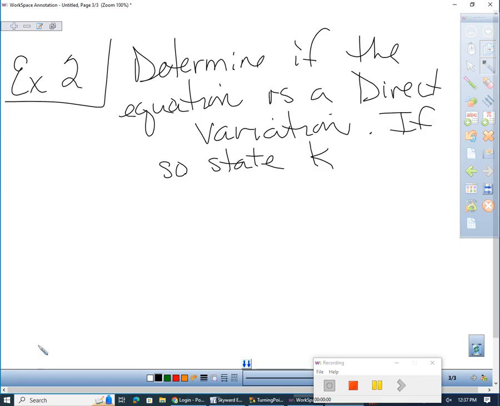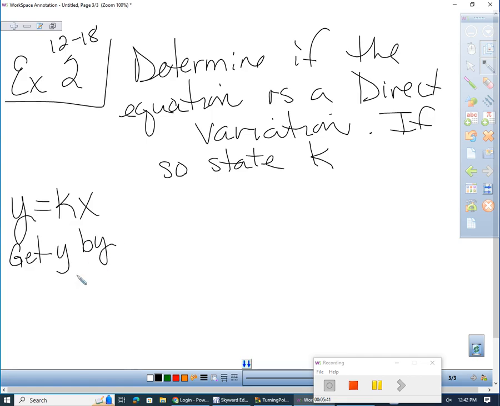All right. So this is actually what you are doing for problems 12 through 18, if you're referring back, right? Remember that for it to be a direct variation, it has to be in the form y equals kx. If it's got anything added to the end, then you say it's not. So the one important thing is we need to get y all by itself, right? So get y by itself in order to figure this out.